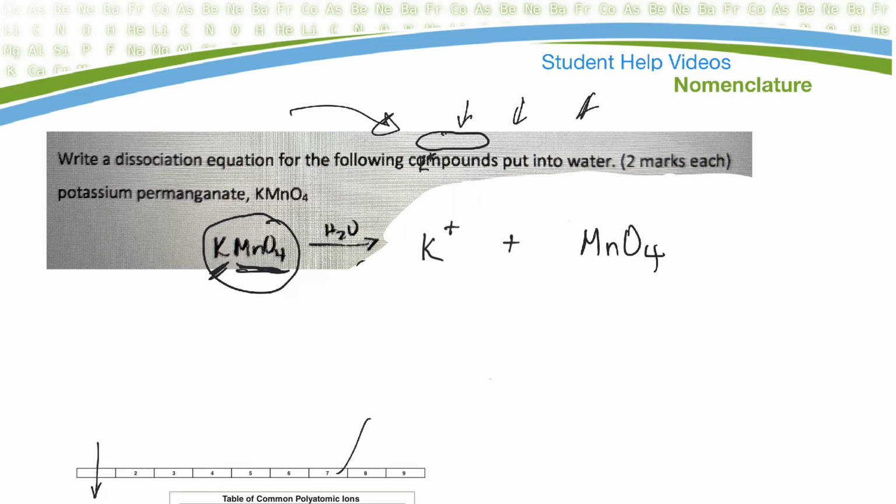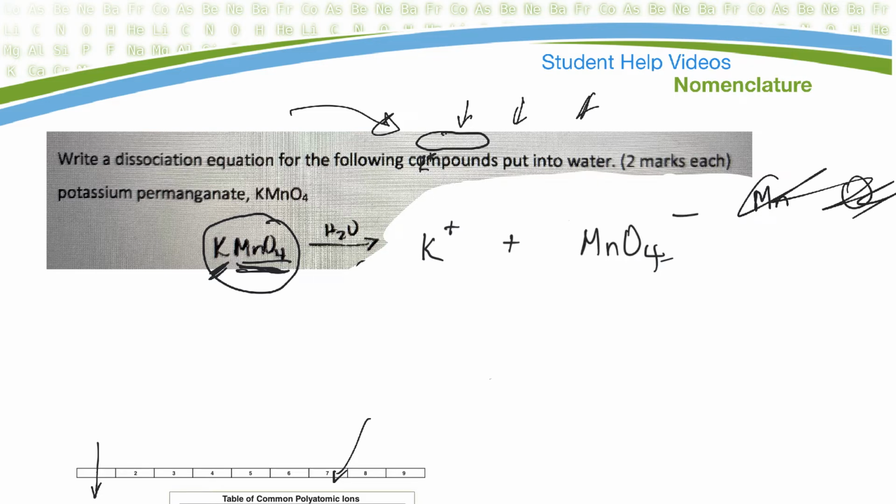Well, you look at the polyatomic ions, and things get broken into those substances. So if it's a polyatomic ion like permanganate, you just leave it at permanganate. You wouldn't write it as manganese separated with oxygen. You would just keep them together like that.